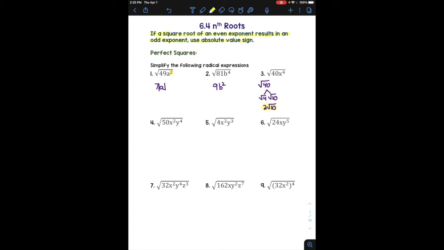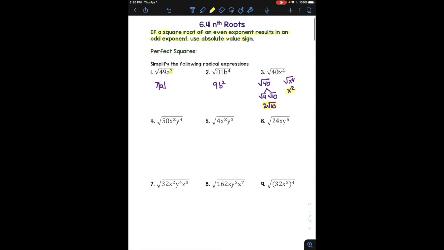Let's now go ahead and simplify the square root of x to the 4th. What expression times itself will give us x to the 4th? That would be x squared. How am I going to put these two pieces together?